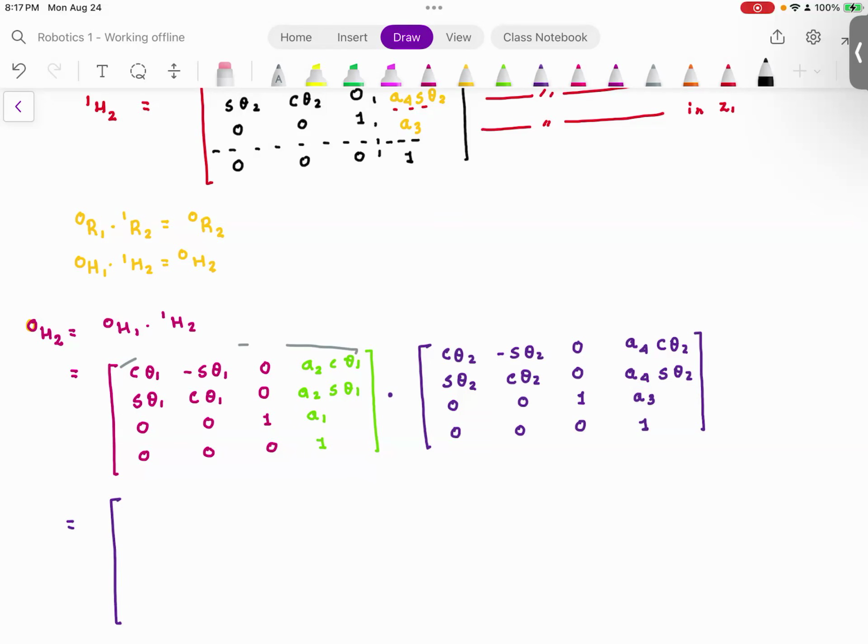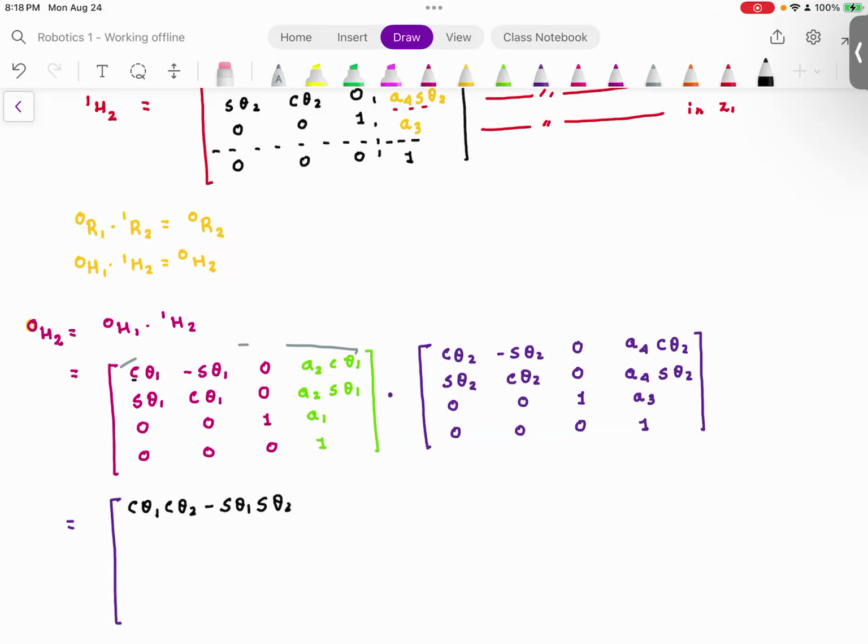Check this out. This will be cosine theta 1 cosine theta 2, plus minus sine theta 1 sine theta 2. So that is first row, first column.